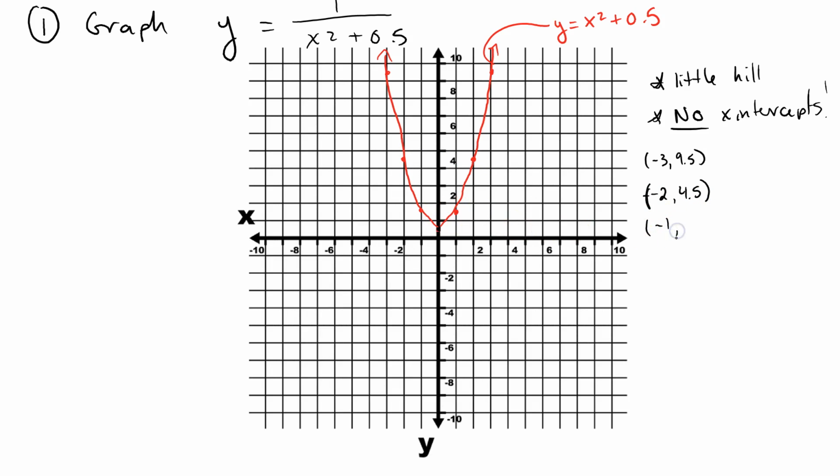Negative 1, 1.5, and this one is 0, 0.5. This one is going to be 1, 1.5. This is going to be 2, 4.5, and this is going to be 3, 9.5.